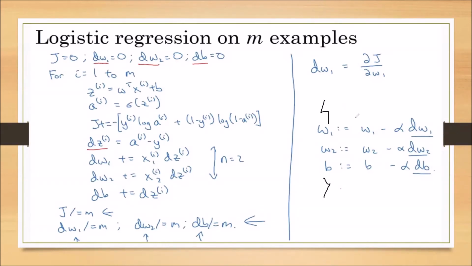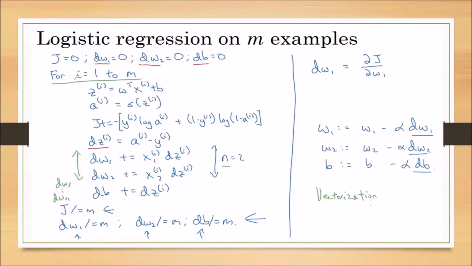Until we find the minimum value of the cost function, the loop will be iterated, and finally we get the W1, W2 and B values, and if we substitute these values, we can get the exact function which can predict the output.